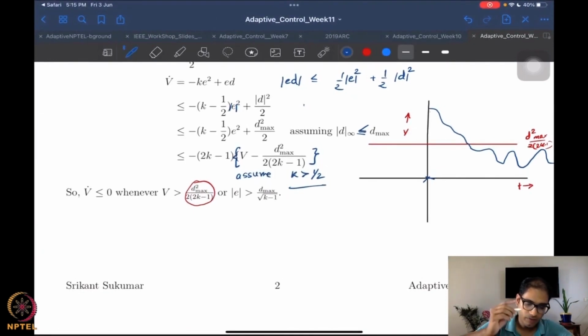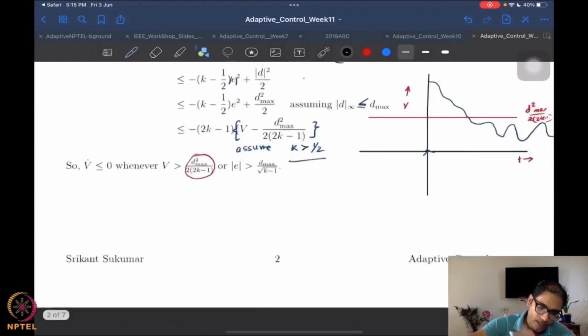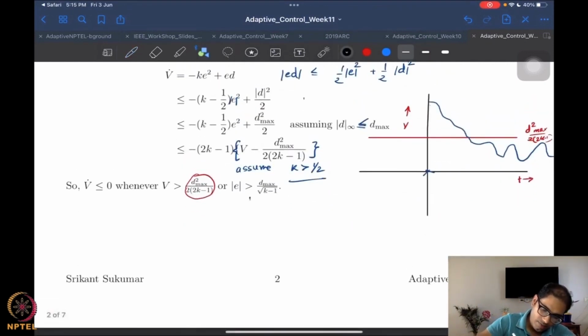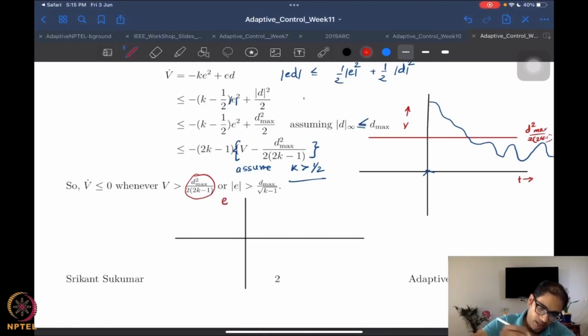I'm going to just plot V in this. Now, similarly, suppose I plot E. The good thing here is that if I plot E on this one, remember that V is just 1/2 E squared.